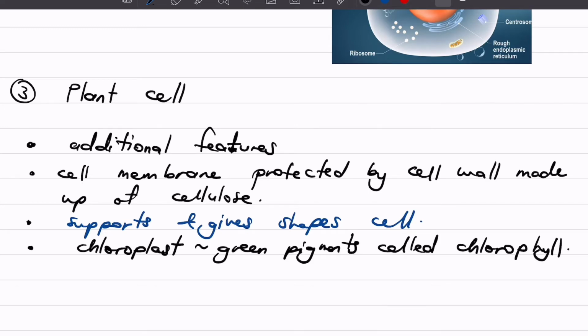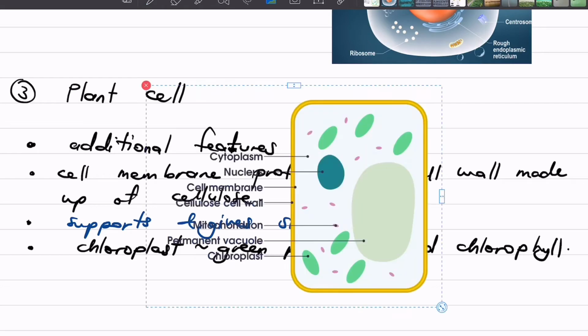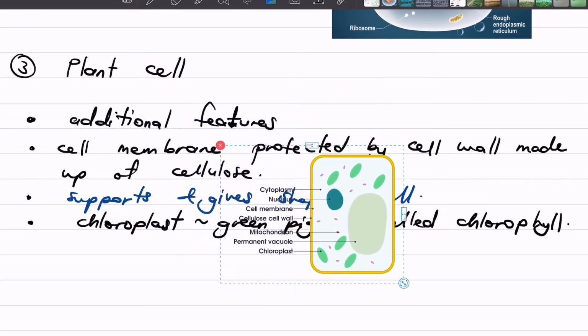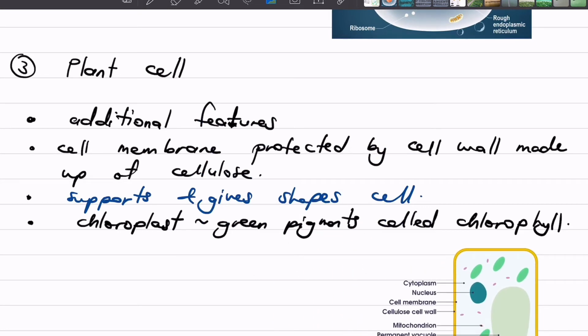Okay, so plant cells have a large centralized space filled with cell sap. So this space is called a vacuole, this one over here. The plant cell has a large centralized space filled with cell sap.